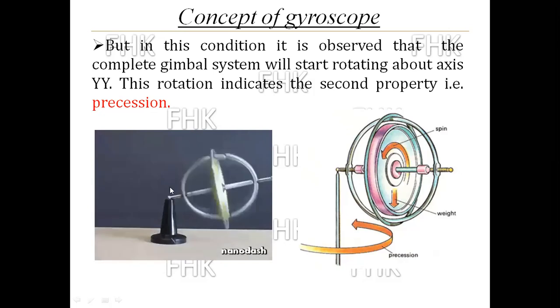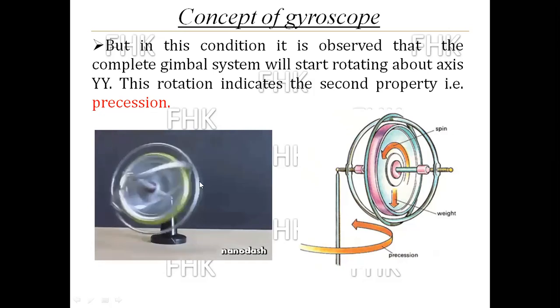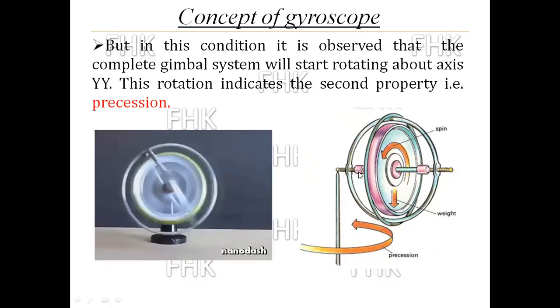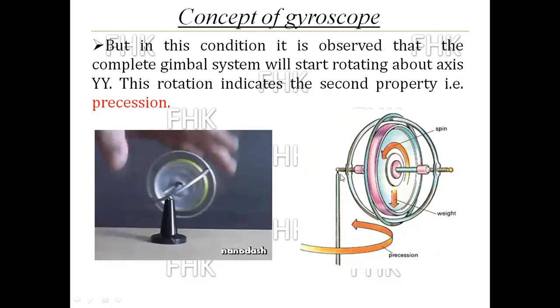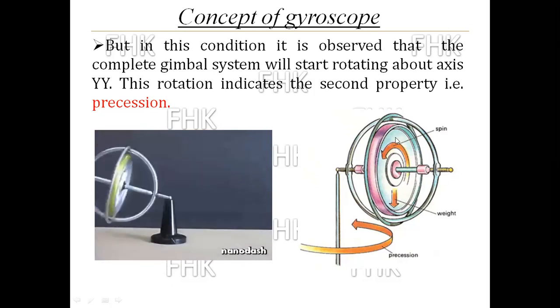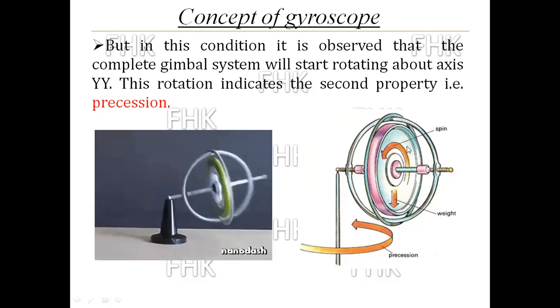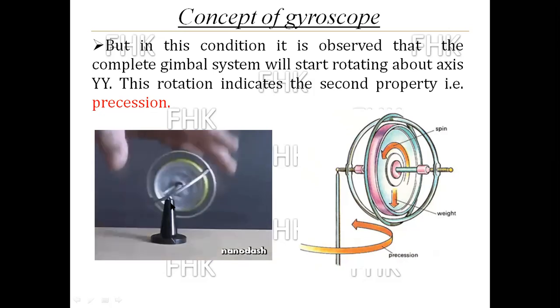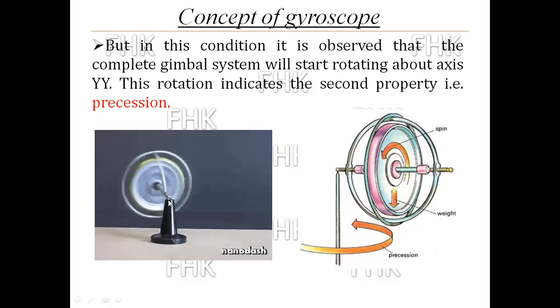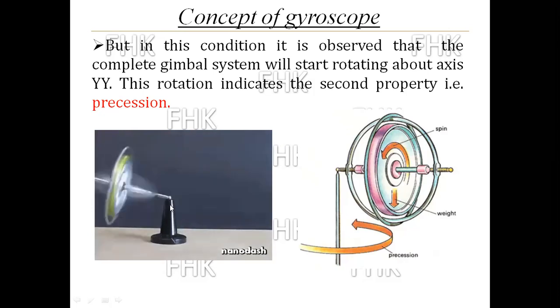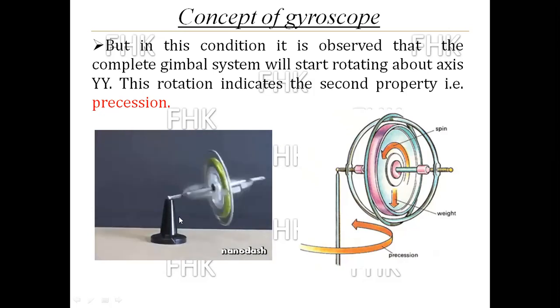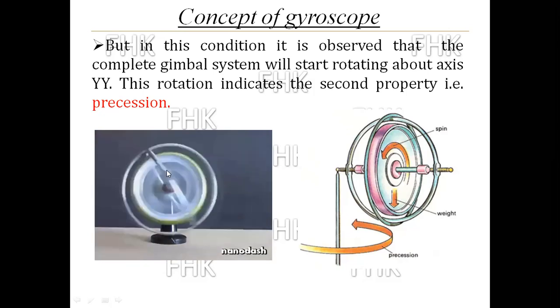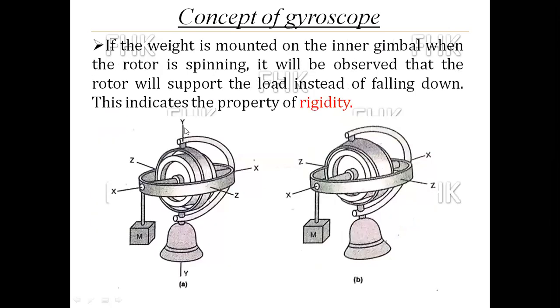You can see in this image the rotor is spinning about the horizontal axis XX. Due to that spinning, if you give support or apply a load on that horizontal axis, it will directly start rotating about the vertical axis YY.